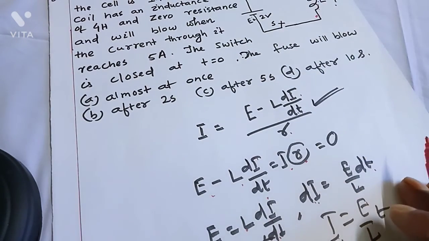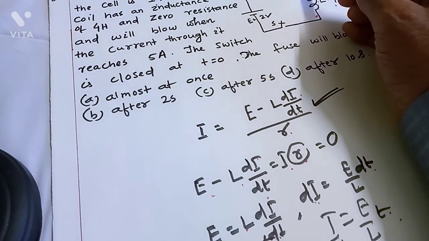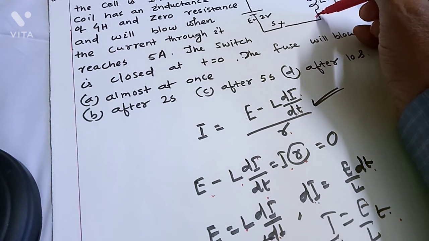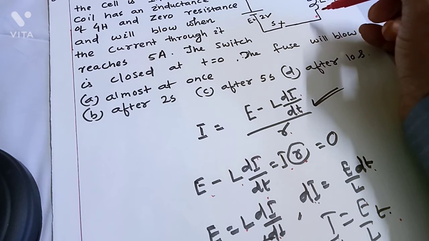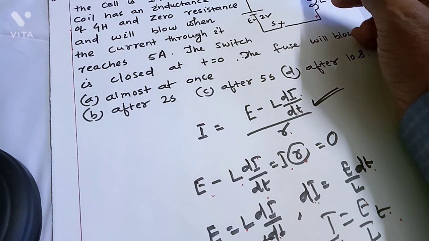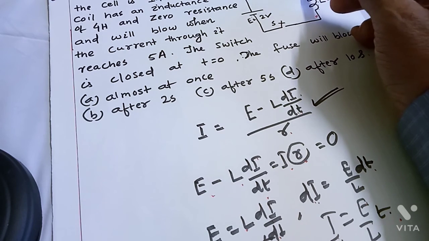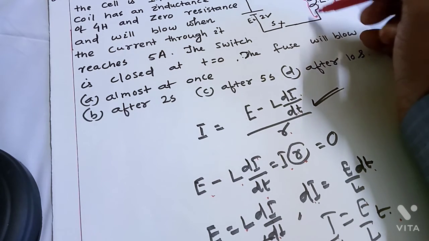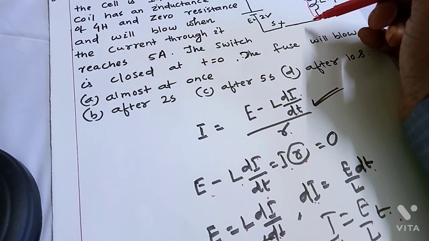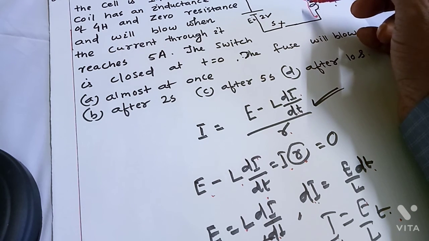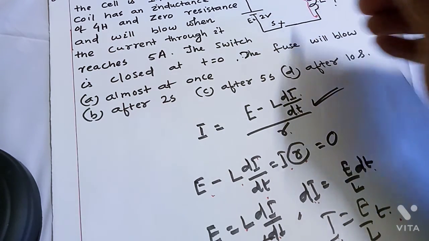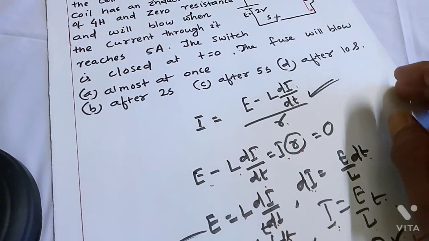Now, a very important point is that one should understand the physical significance of this question: when the applied EMF equals the induced EMF, the net potential difference across the inductor is zero, but there is current. There are so many situations where the potential difference is zero and there exists current, and this is one of them.